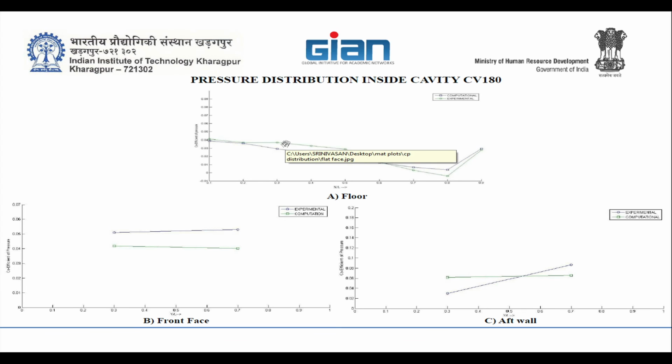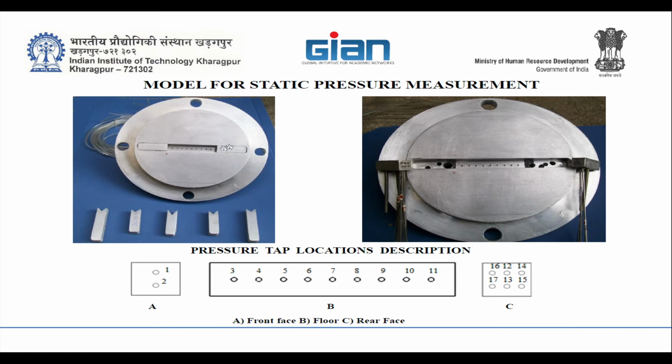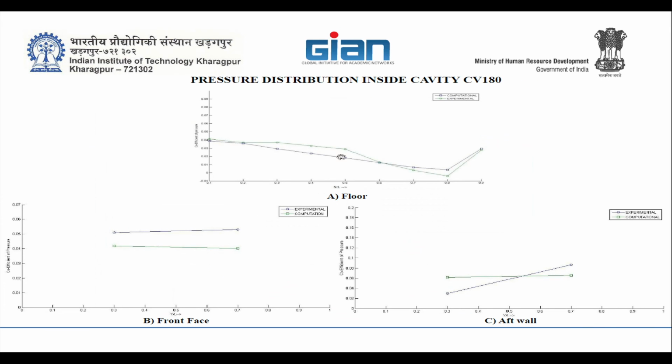When we do the experiment the first time, there will be a lot of deviation, because there will be some air leakage at supersonic speeds. Either you have to do model corrections every time, or else these ports are 0.1 mm ports, so there will be some blockage inside. So you have to keep on testing repeatedly. The experiment data that I am showing was obtained, I think, after the 25th time. That's why there is very low deviation.